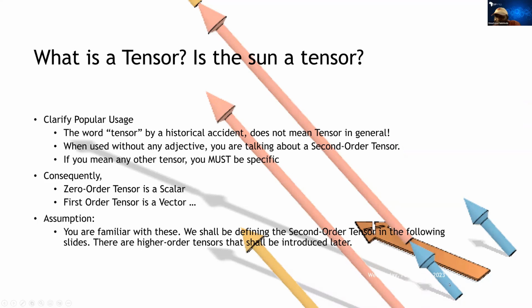If we have three vectors stacked, then the transformation of the three vectors is also proportional to the original vector. All these things show that the sun transforms linearly, and therefore is actually a tensor.